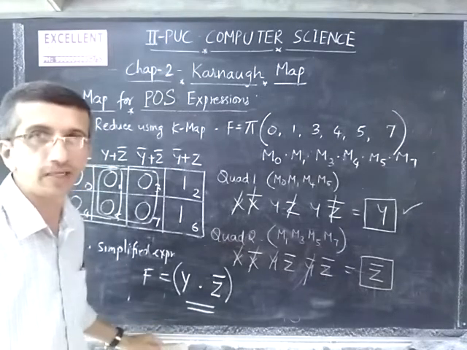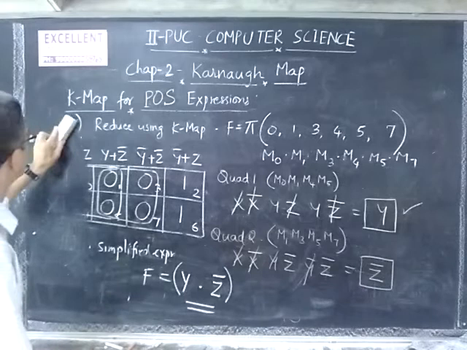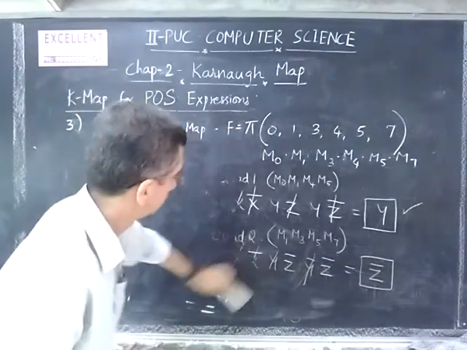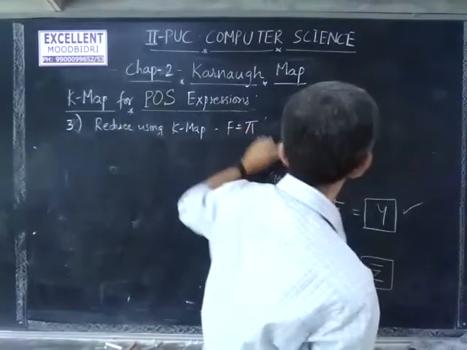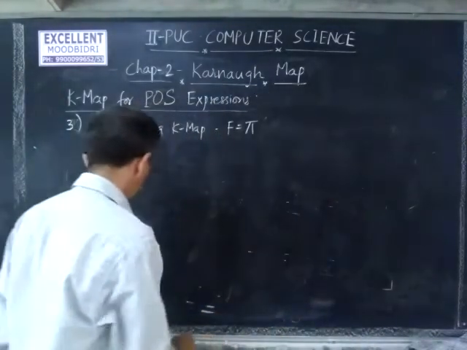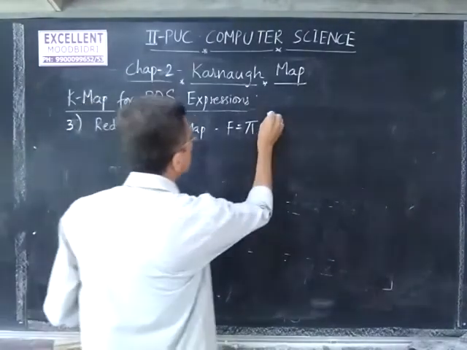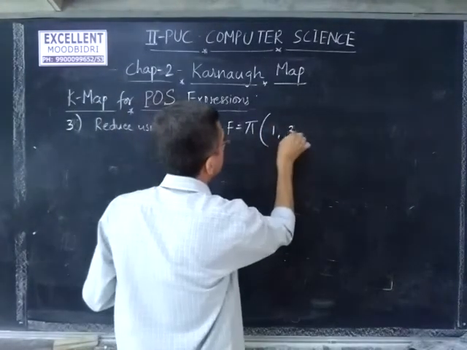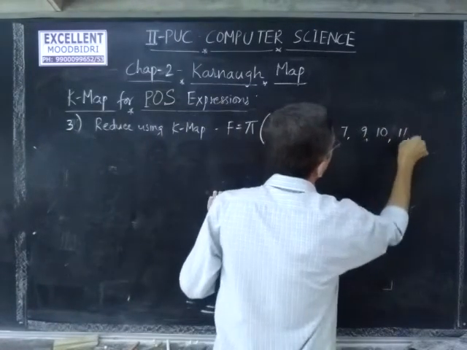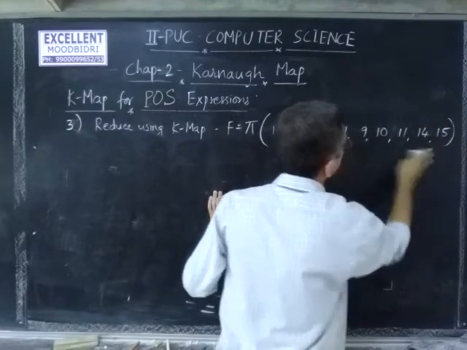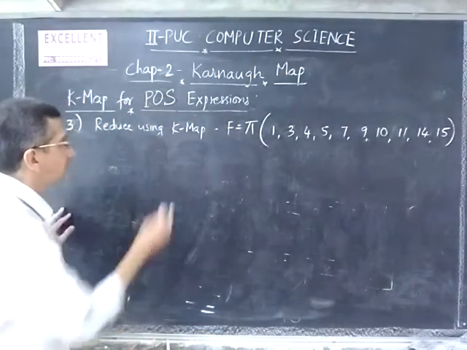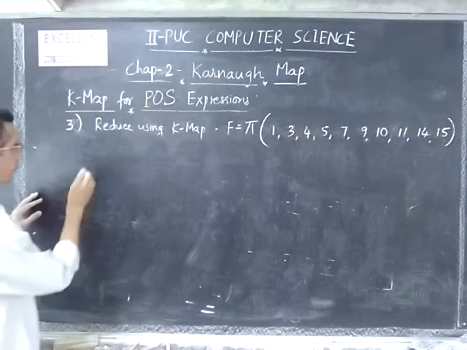Now let us take a 4 variable expression. Five, 1, 3, 4, 5, 7, 9, 10, 11, 14 and 15. So the last term is M15, so it is a 4 variable expression. Draw the 4 variable format of the K-map.